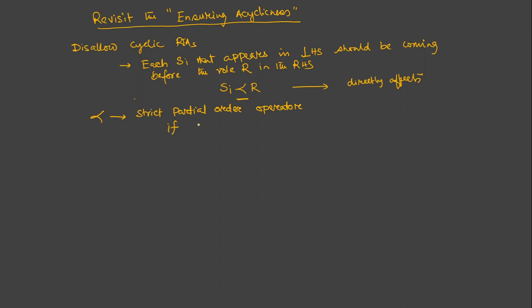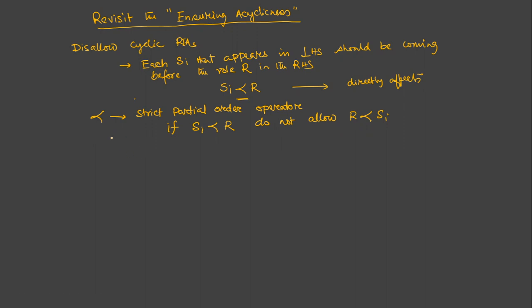If Si comes before R, if this is allowed, then do not allow R comes before Si. So that's why this is a strict partial order, right? So the order is from Si to R, not from R to Si, right?